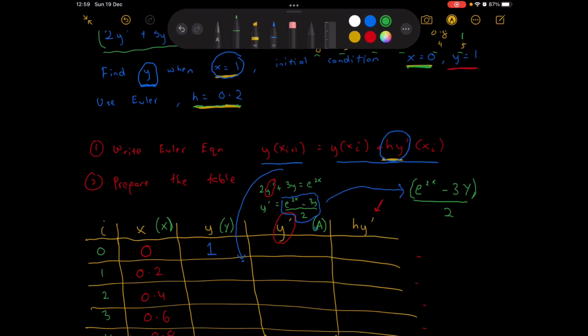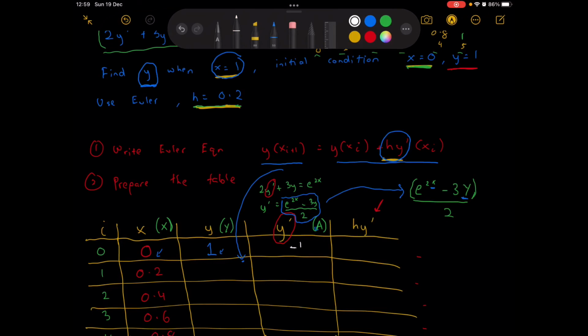When I input the values, the x value we take from here, which is 0, and the y value is given as 1 here.